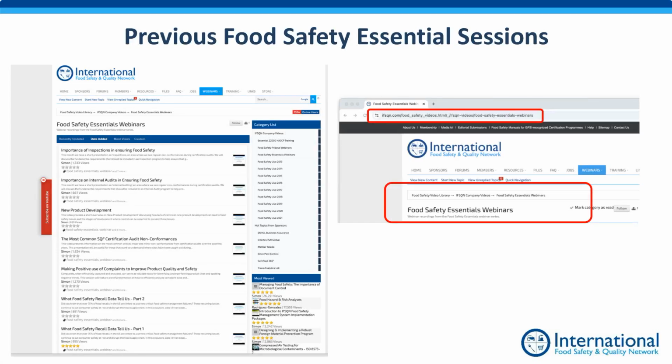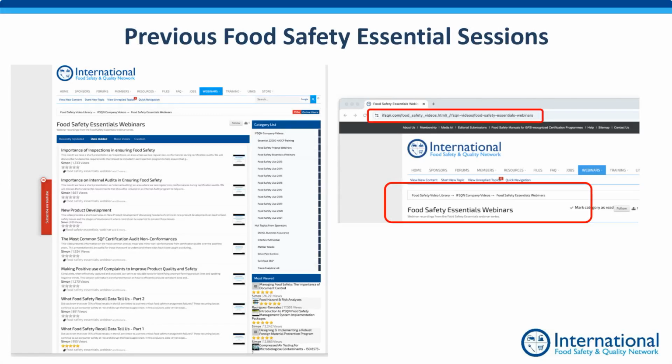Previously, we've looked at US recall data, the causes and measures to prevent them. In actual fact, 75% of all recalls were due to contamination with environmental pathogens or incorrect labeling and undeclared allergens.